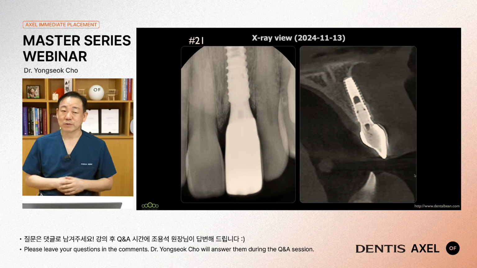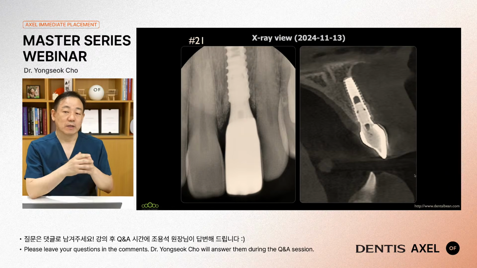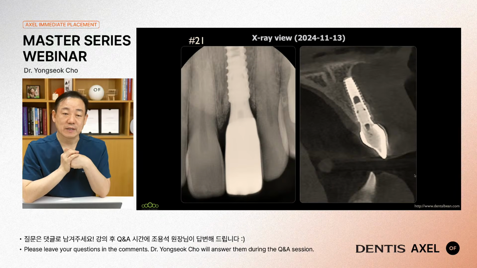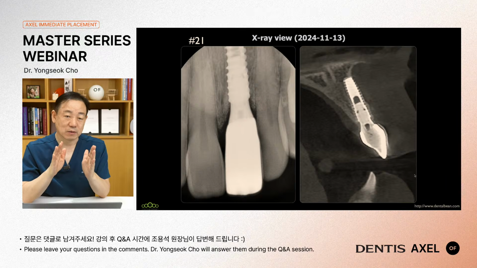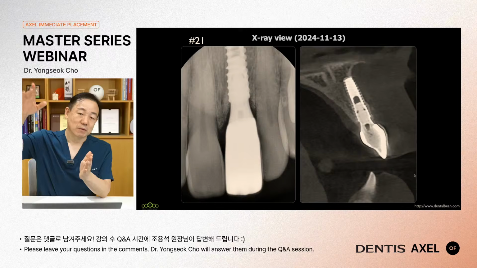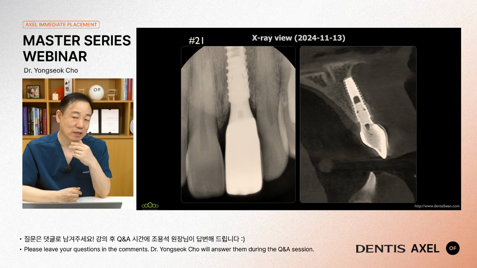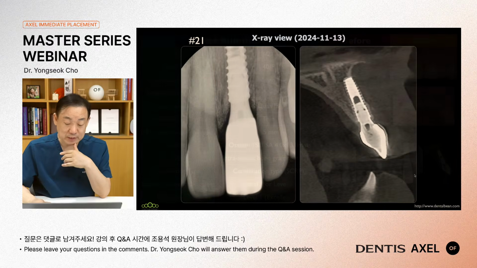Because of volume of soft tissue, connective tissue graft, on the labial implant side, the newly formed bone looks relatively thin. Although it is not absent, it is present because of the soft tissue. Connective tissue pushed the graft material toward the implant site. That's why it happened. Clinically, it is not bad.